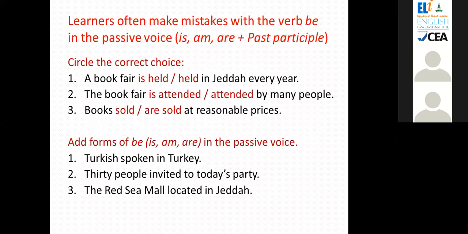Okay? Let's look at the other aspect of using verb to be. Learners often make mistakes with the verb to be in the passive voice. In the passive voice, we use verb to be with the past participle: is, am, are, and past participle in the positive sentence. So circle the correct choice from 1 to 3.